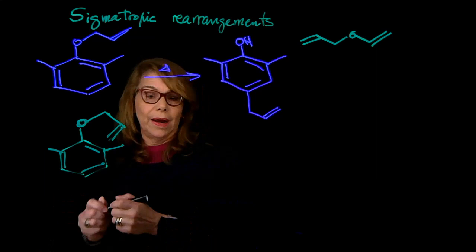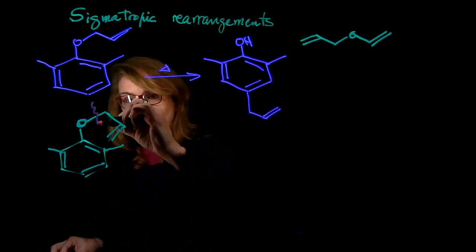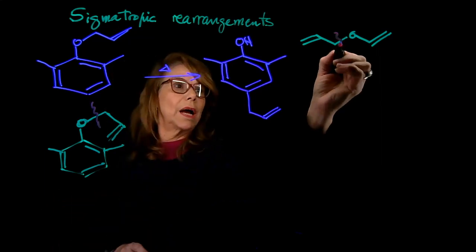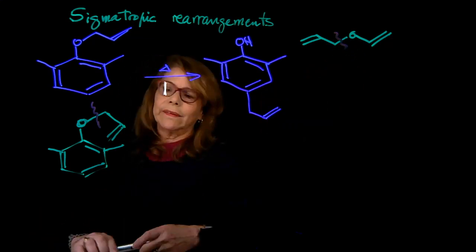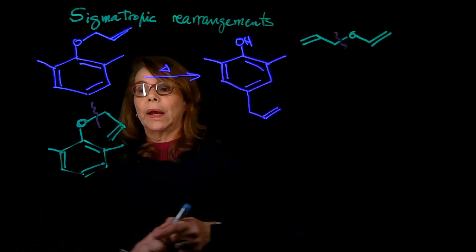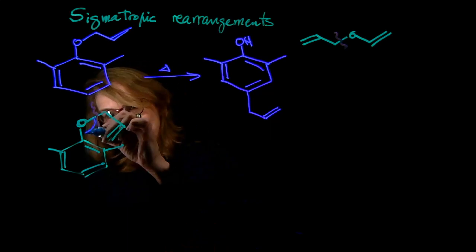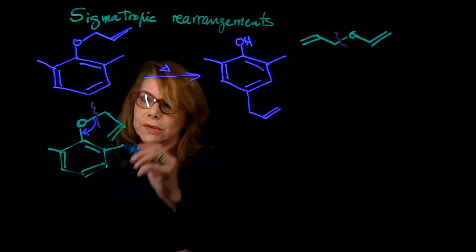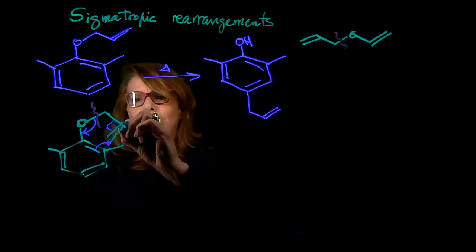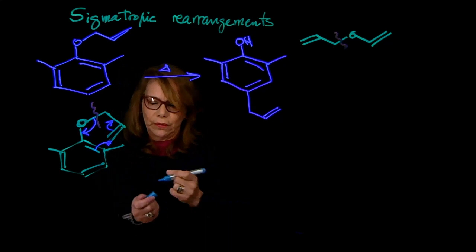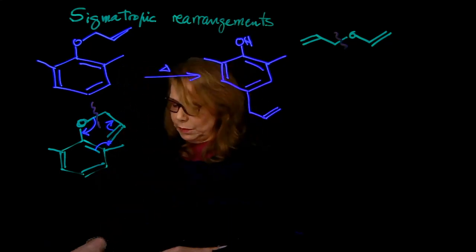And I know that I'm going to be breaking the bond here at the allylic side of the allyl vinylic ether. So next step, I'm going to be drawing my arrows. This bond is breaking, and I'm going to be forming a carbon-oxygen double bond. This bond breaks, I'm going to form a sigma bond here, and moving those electrons, I'm making a double bond there.